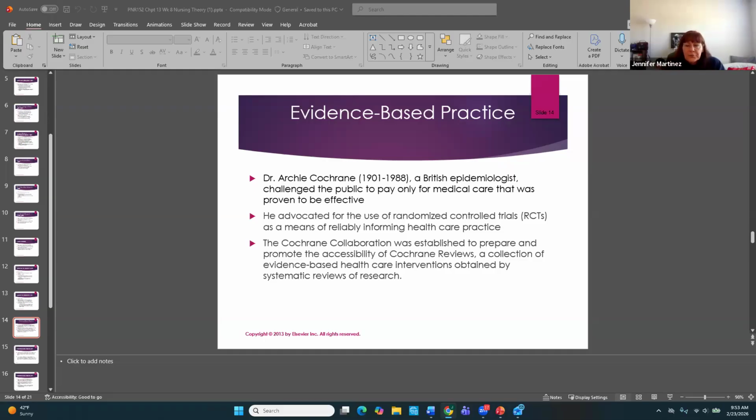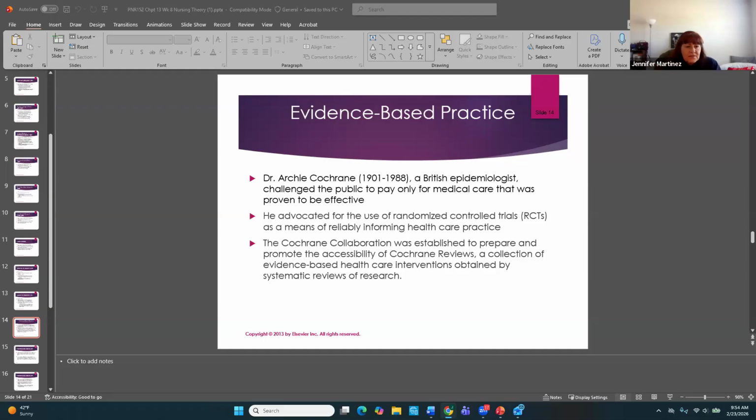And he established the Cochrane Collaboration, which is a nonprofit organization, to prepare and promote reviews, which are a collection of evidence-based healthcare interventions based off of systematic reviews of research.